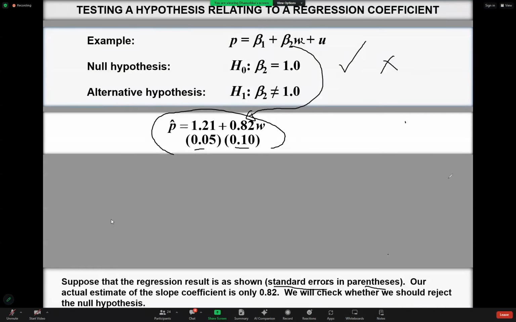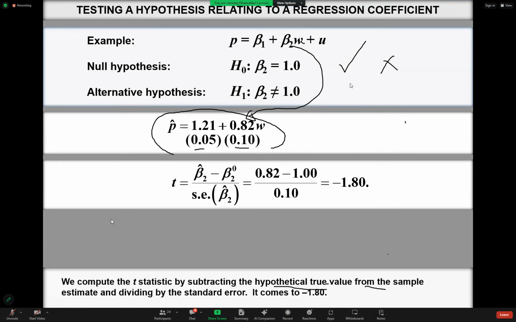Okay. Then here we have to compute the test statistic, the T statistic. The T statistic is equal to 0.82 minus 1, divided by the standard error. I hope you can understand it.